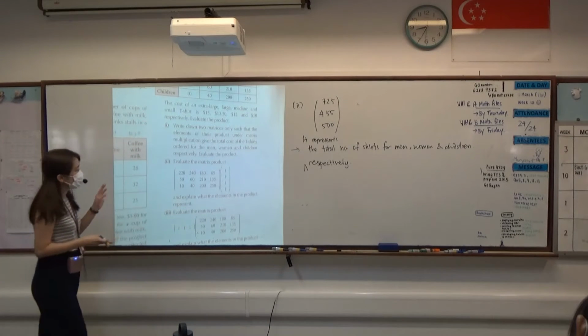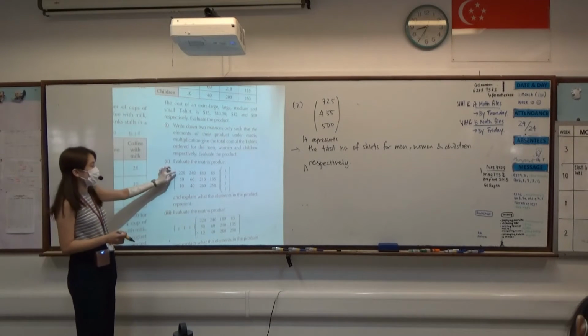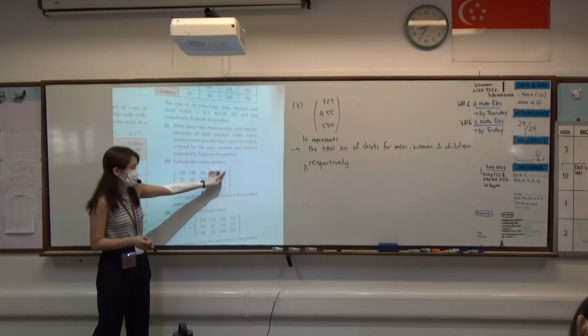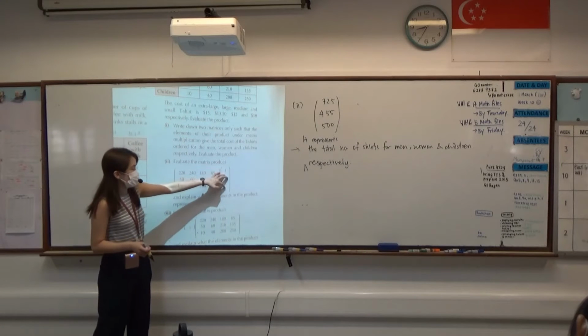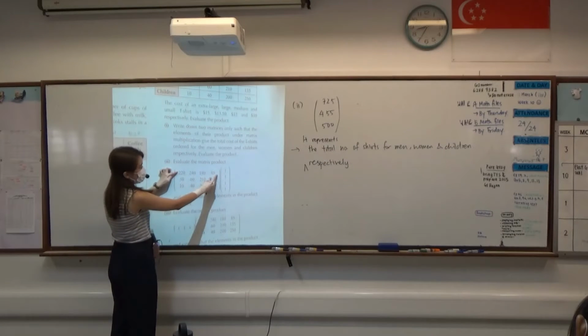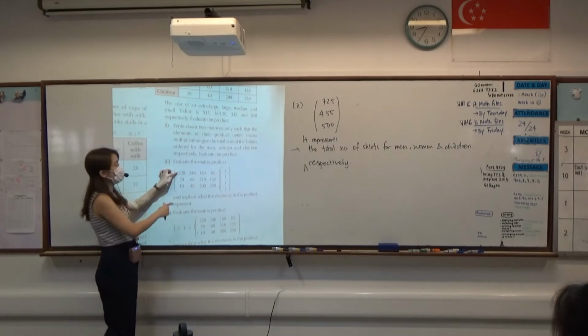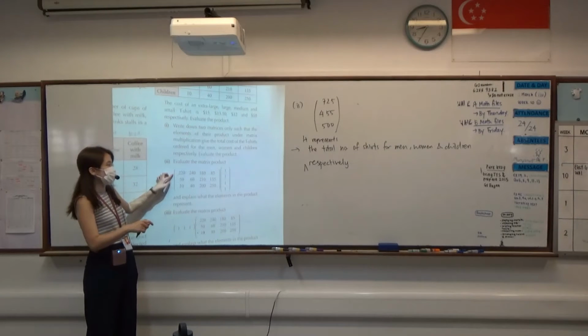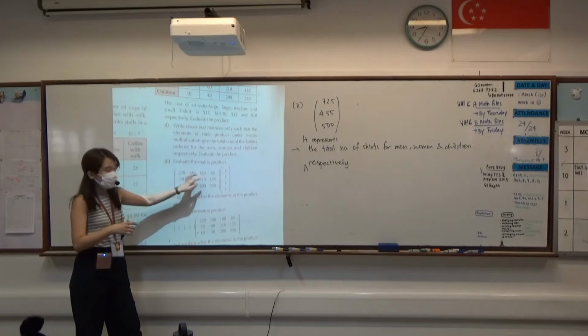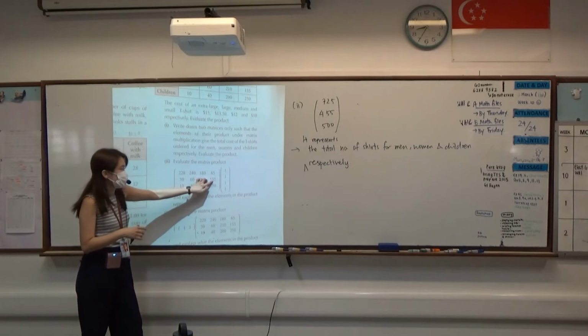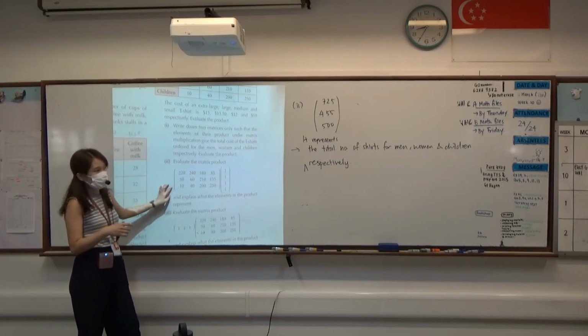No? Okay. So let's look at the matrix multiplication, how it works. We are actually taking 220 times 1 plus 240 times 1. So essentially, when we're doing our matrix multiplication, we are adding up everything over here. And what we have in this row over here is actually the number of t-shirts for men, and then this is total number of t-shirts for women and total number of t-shirts for children.